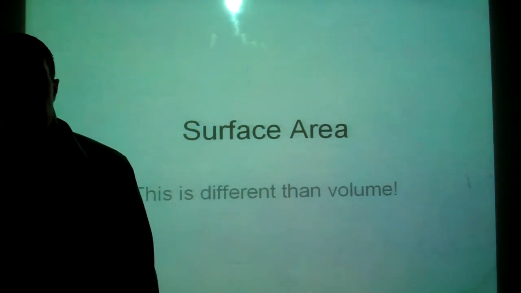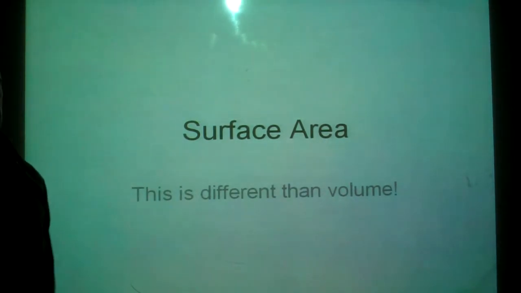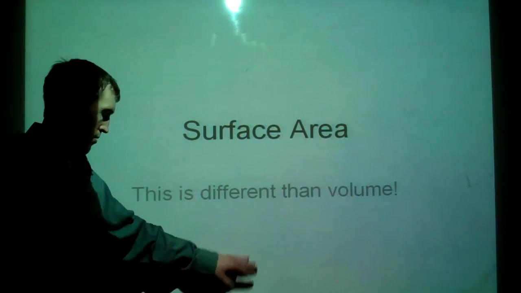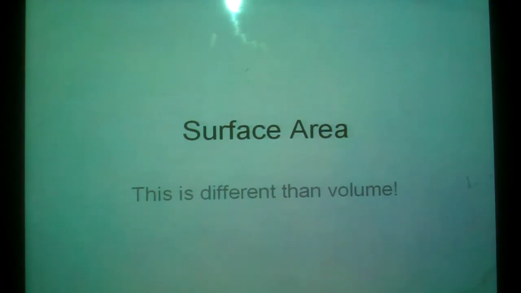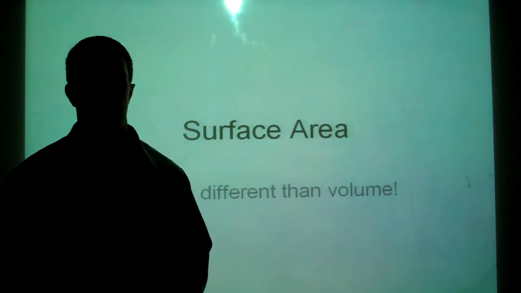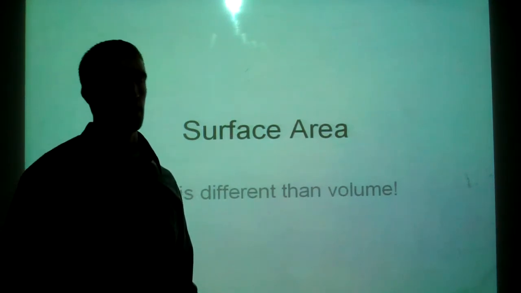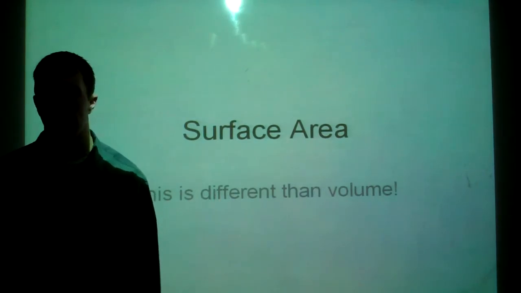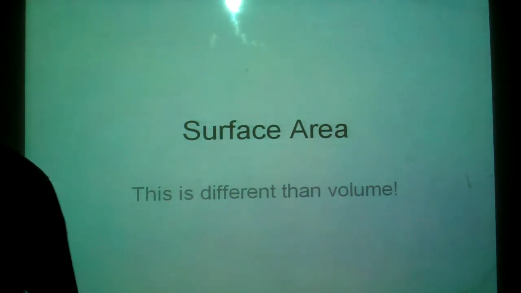Okay, this is lesson 43 for 8th grade, and today we're talking about surface area. And I make a little side note here that this is different than volume. They both deal with three-dimensional shapes. The only difference is with volume, we try to figure out capacity, how much can be held within a certain container, whereas with surface area we're trying to figure out the area of the surface, or the things on the outside of that object.